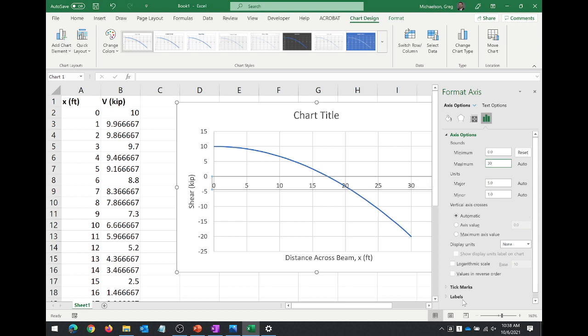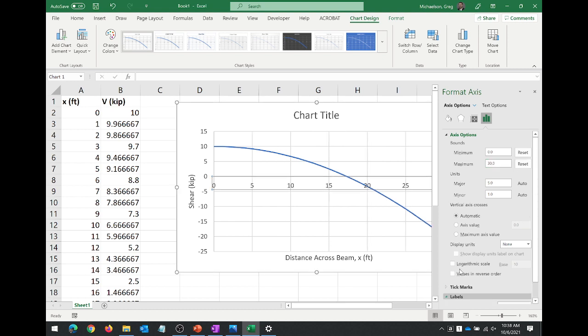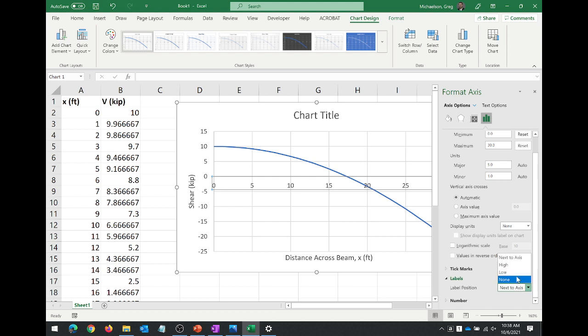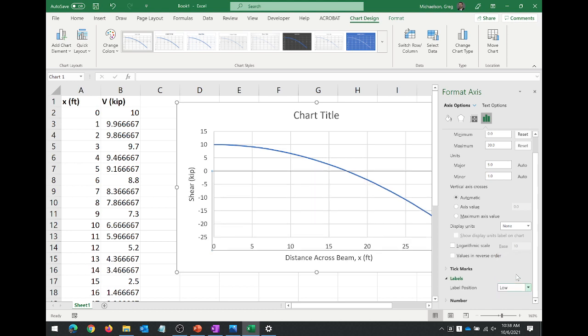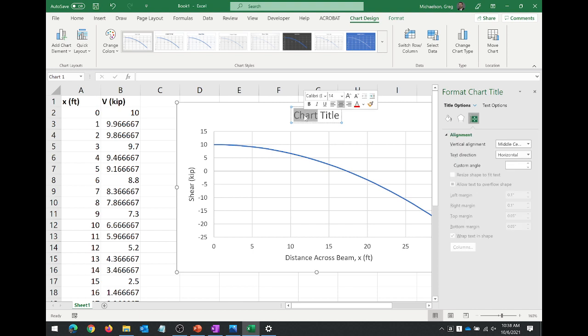All right? And then where it says labels here on the bottom, I'm going to take the labels and place them low so that those labels aren't in the graph and I can actually read them a little bit. Then let's give this chart a title, something very creative and unique, like, I don't know, shear diagram.